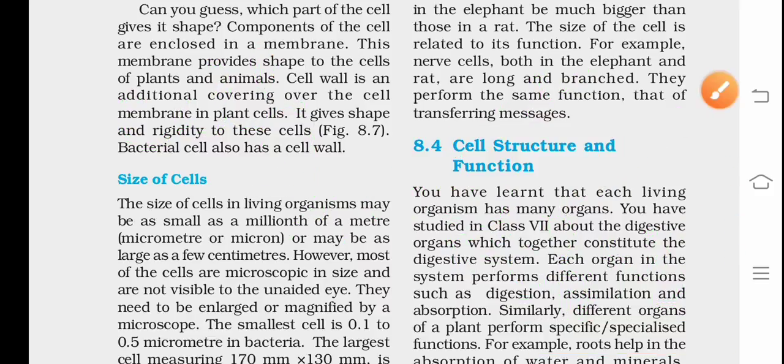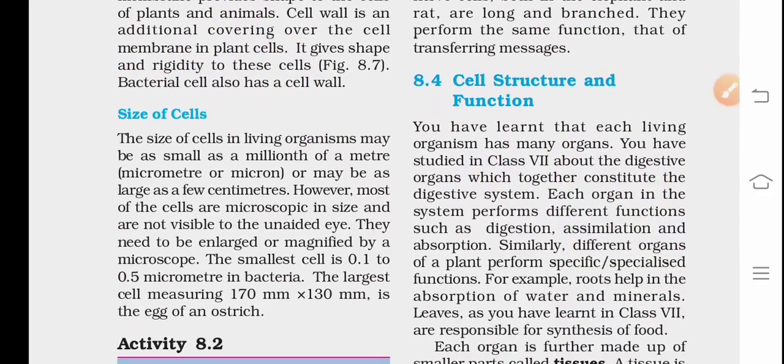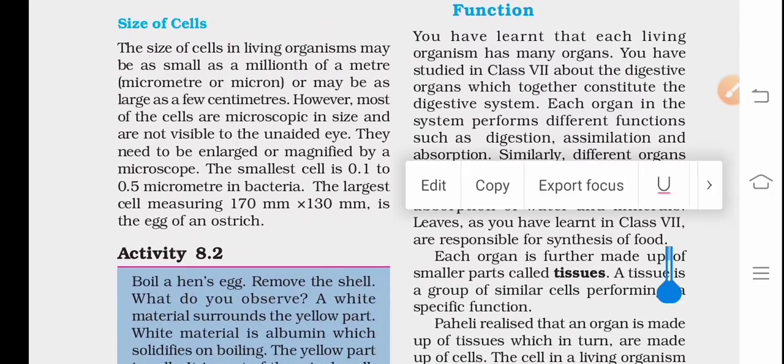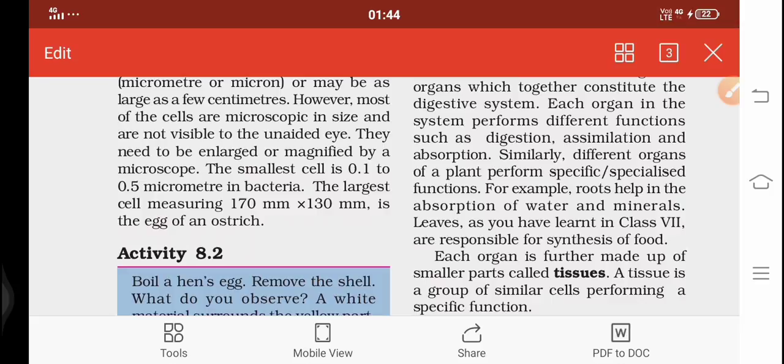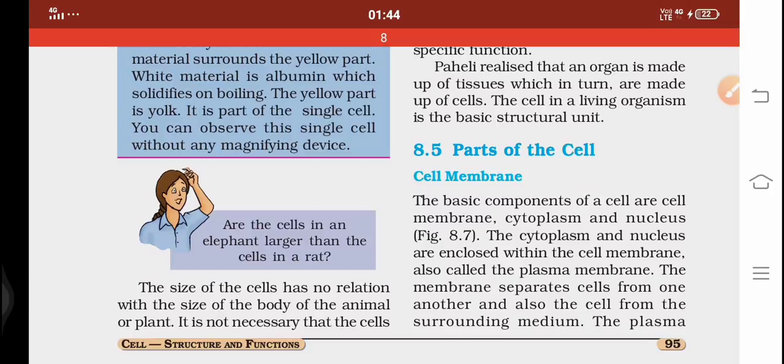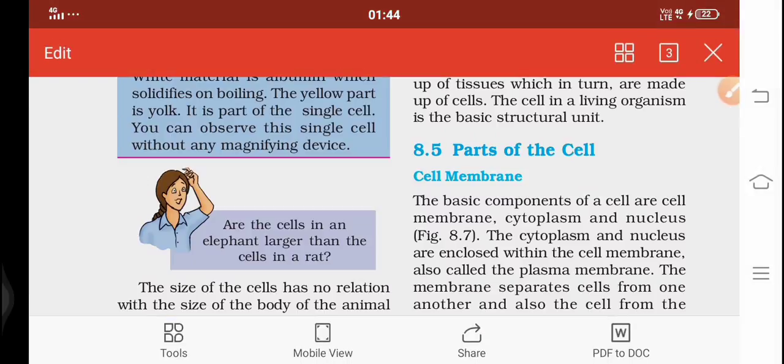So, the cell is the basic unit and later on it converts to tissues and organs, and organs help in performing various functions. Then we come to the topic parts of the cell.